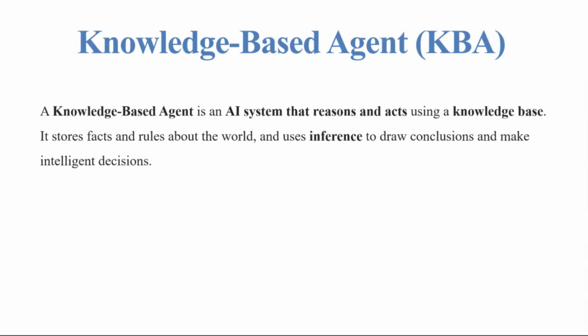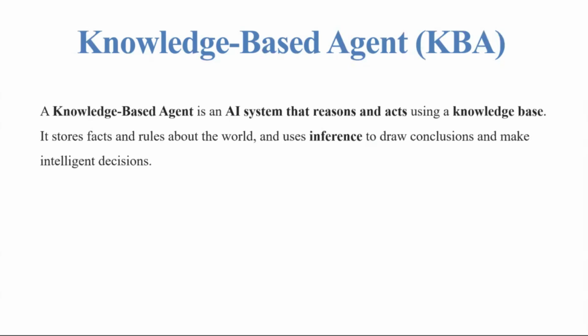A knowledge base is simply a collection of facts, rules, and information about the world. Whenever the agent receives new information from its surroundings, it compares that information with its knowledge base. Then it applies logical reasoning to determine the best possible action. This makes the agent intelligent because it doesn't simply follow fixed instructions; it can make decisions based on the knowledge it has.